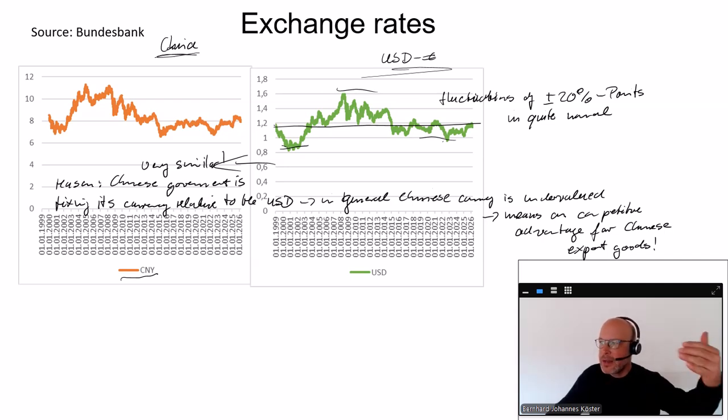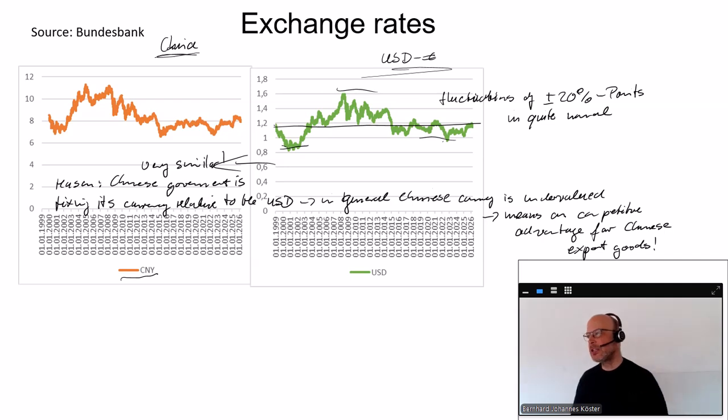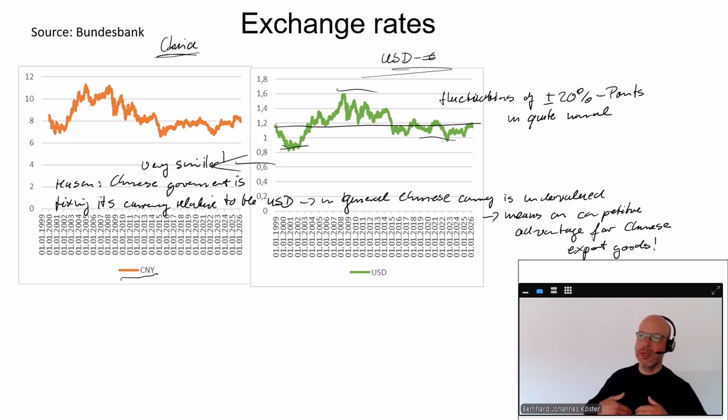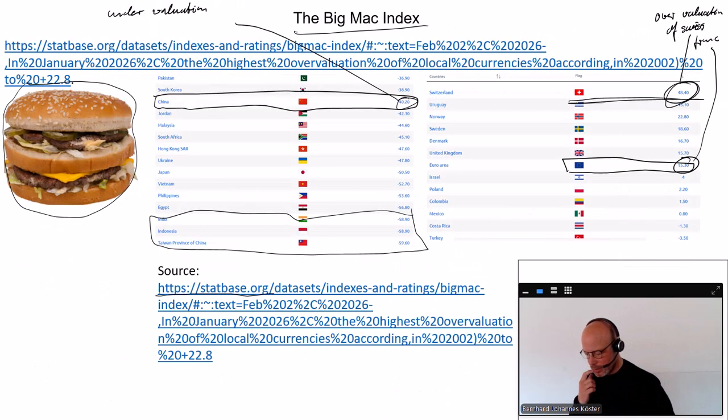And one intervention is that they use the undervaluation of their currency compared to the world market, especially relative to the US dollar, to be more competitive for their export goods. And this undervaluation we see, for example, here.